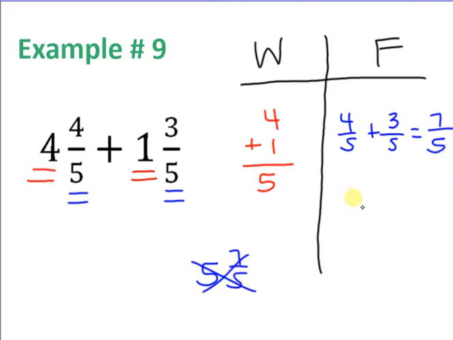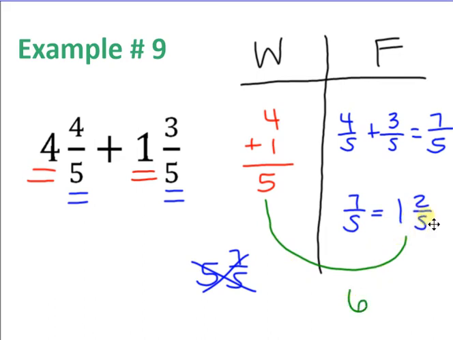So all I have to do is take this 7/5 and make it a mixed number, which is 1 and 2/5. Okay? And now I just add it to the 5. So what's 5? A whole 5 plus a whole 1? 6, and then 2/5. And that's it.